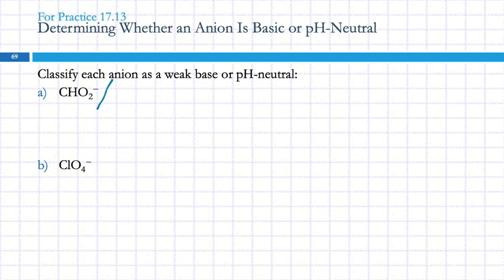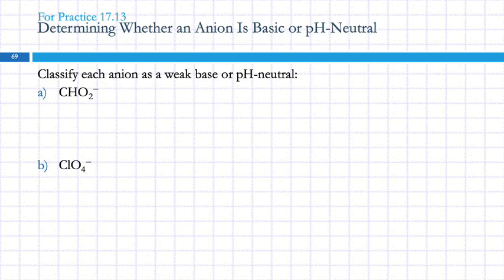You're just going to put a hydrogen ion on that. HCHO2. Right? So doing this, we're just going to add a hydrogen ion. We talked about conjugate acid base pairs, right? So here's our anion. Here's the conjugate acid. Is that a weak acid or a strong acid? It's a weak acid. You're like, I don't know which one that is. Oh, that is weak. So this is a weak acid.